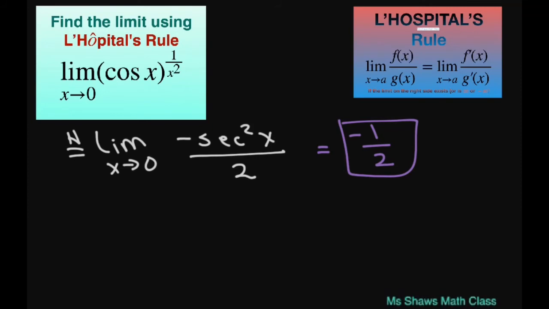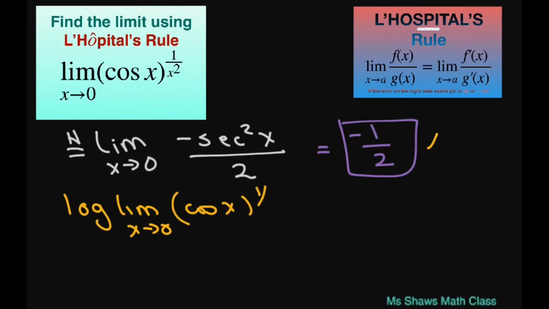All right, since that's the limit with the part with log, we have the log of the limit as x approaches 0 of cosine of x to the power of 1 divided by x squared.